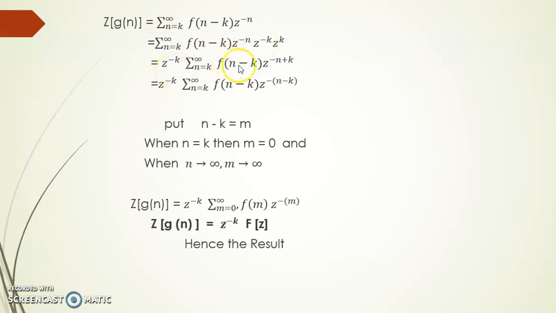So we have f of n minus k z power minus n plus k. Take minus sign common. So we have n minus k. Put n minus k equal to m. Change the limit: n equal to k, then m equal to 0, and when n tends to infinity, m tends to infinity. So Z transform of g of n equal to z power minus k, summation m equal to 0 to infinity f of m z power minus m. Again that is the definition of Z transform. So Z transform of g of n equal to z power minus k into f of z.